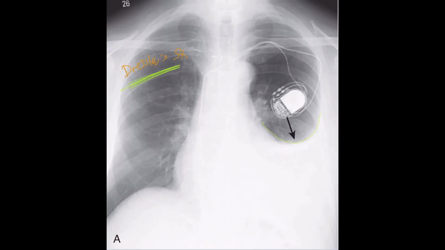Dressler syndrome is left-sided pleural effusion and pericardial effusion, associated with chest pain and fever, and patchy left lower lobe consolidation. And usually Dressler syndrome responds to high-dose aspirin and/or steroids. And we can see that this patient has a dual chamber pacemaker as well.